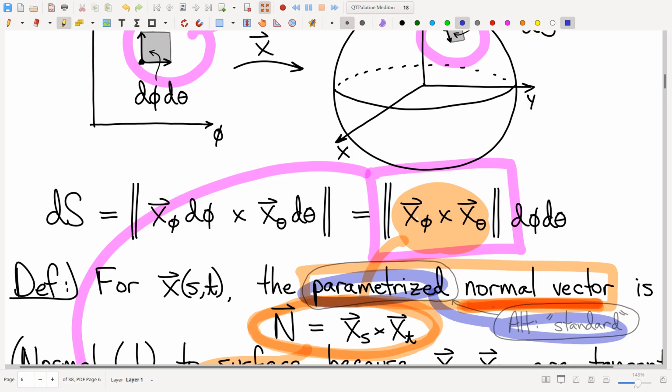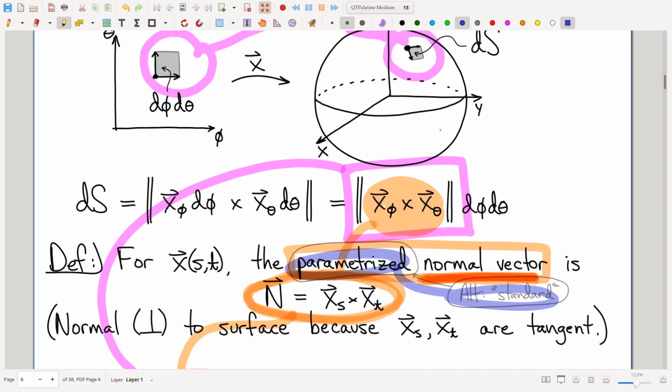The parameterization's made up. There's a lot of them. Different parameterizations will give you different parameterized normal vectors. I just feel like the word standard suggests a little too much. I feel like it suggests that there is, again, something universal about it, something like it's the only one, or something. And I think that's misleading. Okay, quibble about the language.